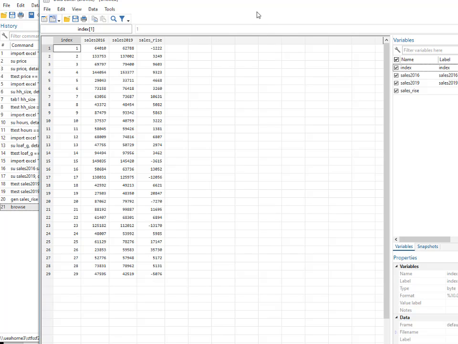Okay. The principle of the t-test we're going to do now is that if on average there's been no change in people's incomes, then the average of this last column should be 0. On the other hand, if the average of this last column is bigger than 0, that indicates that on average incomes have been going up.